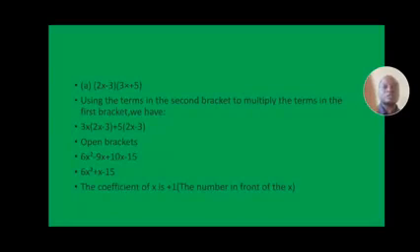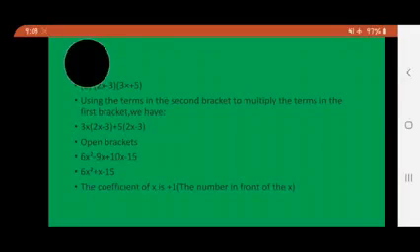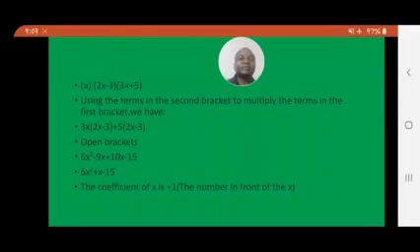So the next step is to open brackets. The 3x times 2x gives us 6x squared. 3x times the minus 3 there gives us minus 9x. Then we have plus 5 times 2x, and that gives us plus 10x. Then the plus 5 times the minus 3 there gives us minus 15.